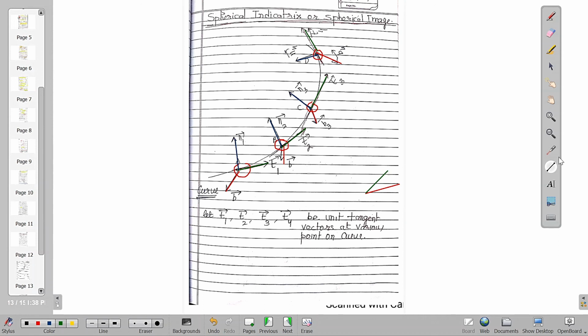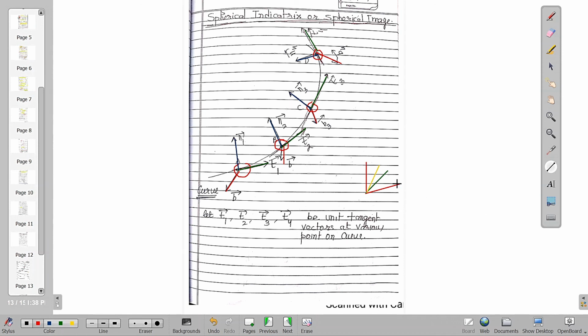Again, after that, we take the third one. We take this T3, and we take the unit length. So this is a unit length. Okay? Now we take this direction and so on. Suppose this direction is this, and it is of unit length.